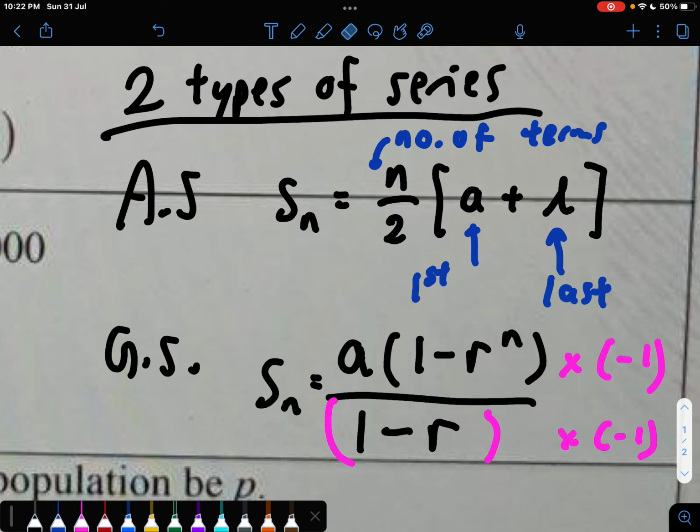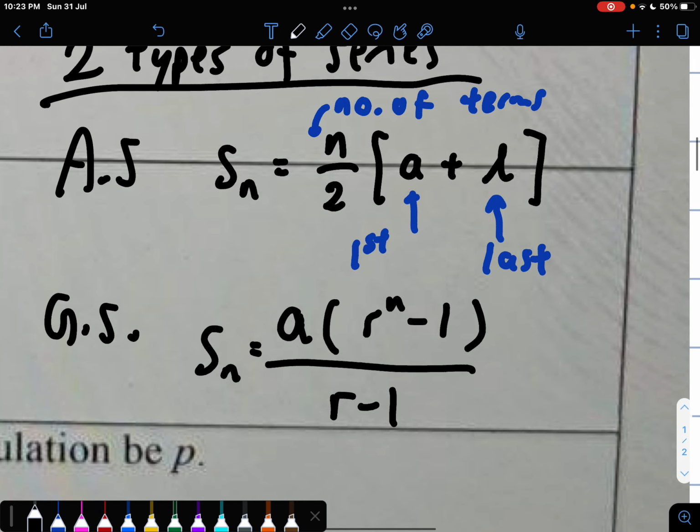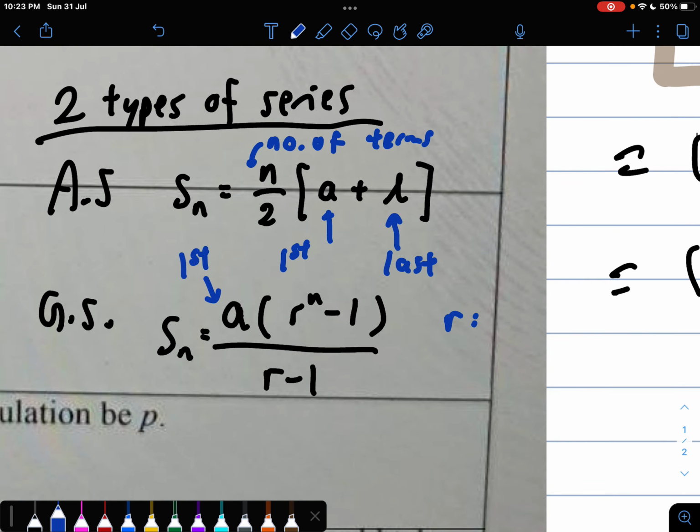So this changes into r power n minus 1 over r minus 1. It's equivalent. Where a is referring to the first term, just like the arithmetic series, r is referring to the common ratio. Common means it's the same ratio. Then n is referring to the number of terms.